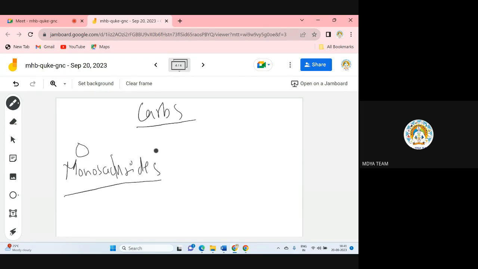All those carbohydrates in which 2 units of monosaccharide are present, like one is this unit and one is this unit, connected by some bond, are known as disaccharides.